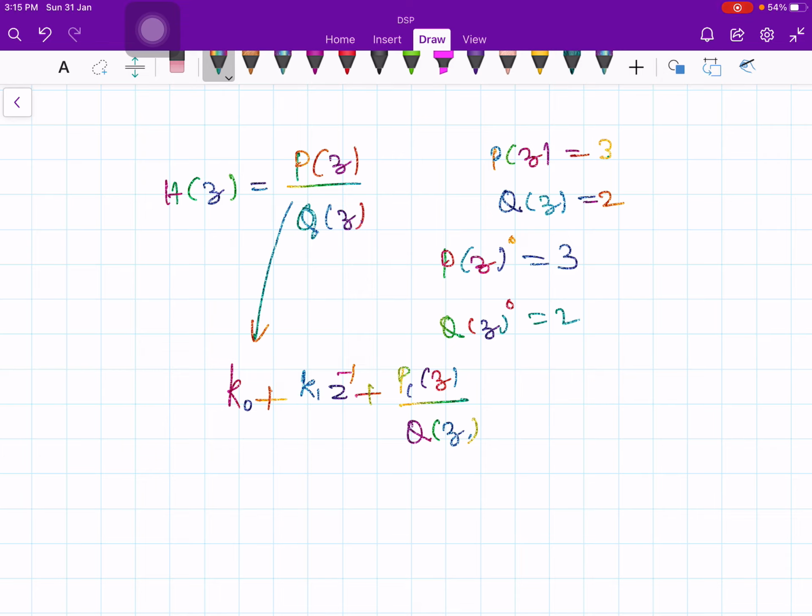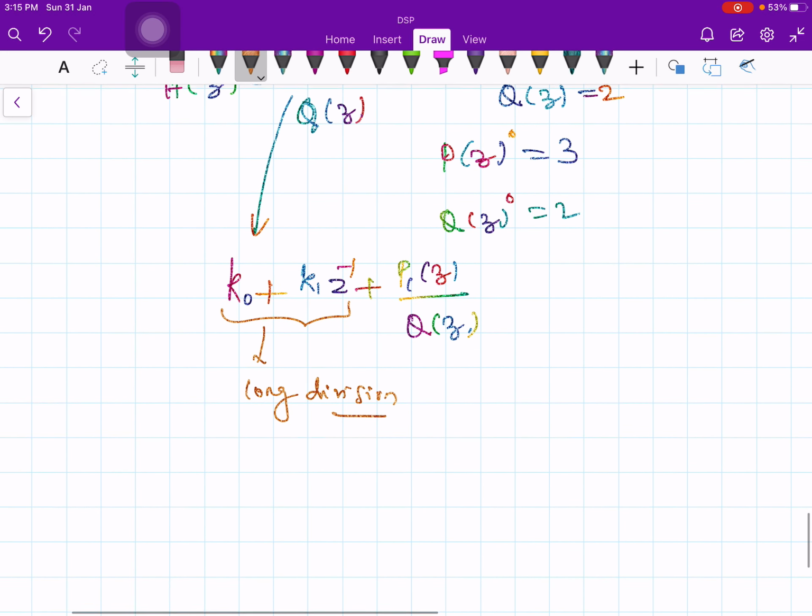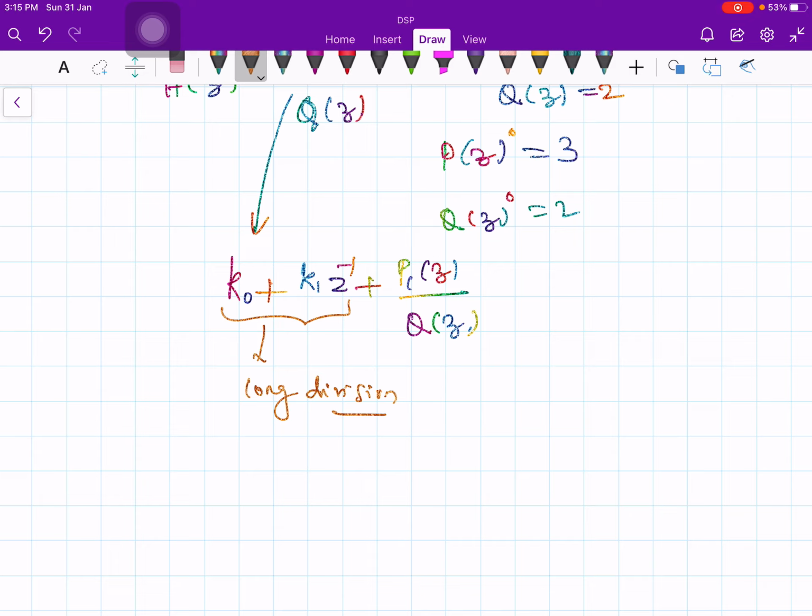Now how do you find out these two, k0 plus k1 times z inverse? Go to the long division method. Using long division method, you can take out this constant term plus the first order term, k1 times z inverse and k0, and the remainder, let's say P1 of z divided by Q of z, will be such that the degree of Q of z is again 2, the denominator degree, but the degree of P1 of z will be 1.